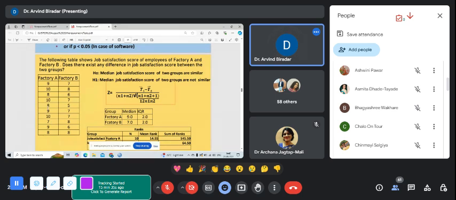These are Likert scores that contain 10 points. This also is the same.